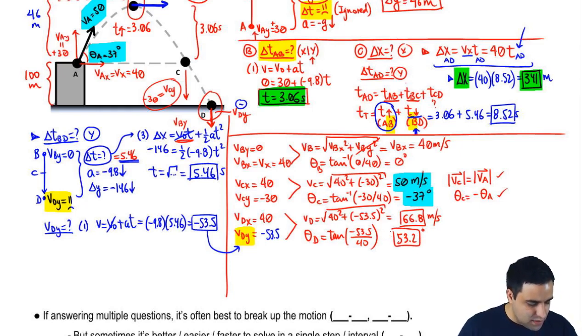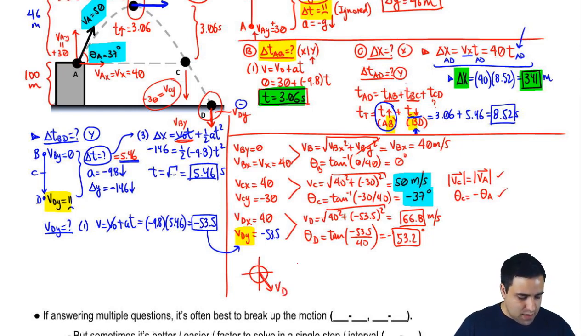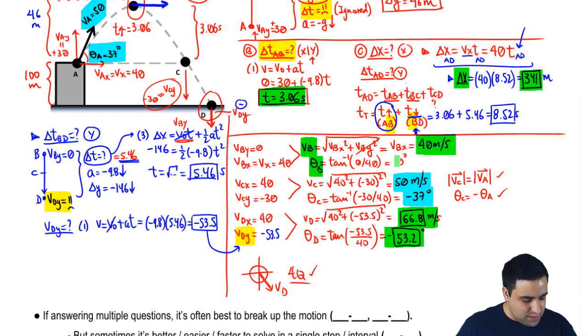And let me clean this up a little bit. And that is the correct angle, because VDY over here, once again, you're going this way. This is your VD. You are in the fourth quadrant, so you don't have to touch up the angle. The angle is the correct one coming from the arctangent. All right, so these are all the numbers. VB is 40, theta B is 0, VC, for some reason I changed colors here, and then VD are these.